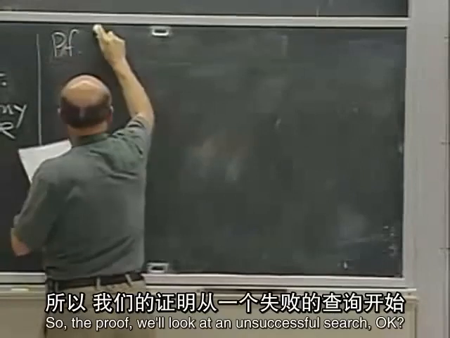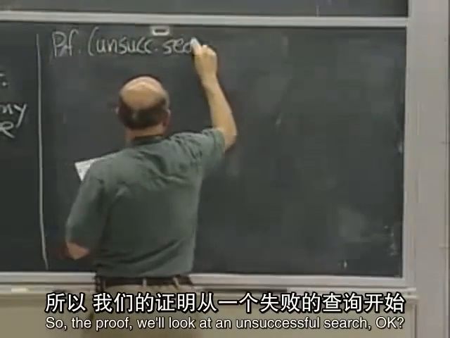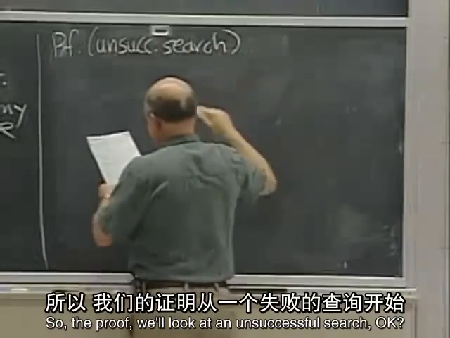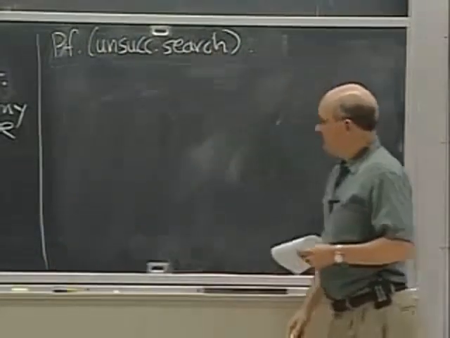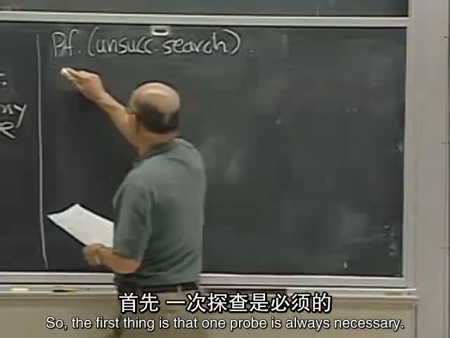For the proof, we'll look at an unsuccessful search. The first thing is that one probe is always necessary.